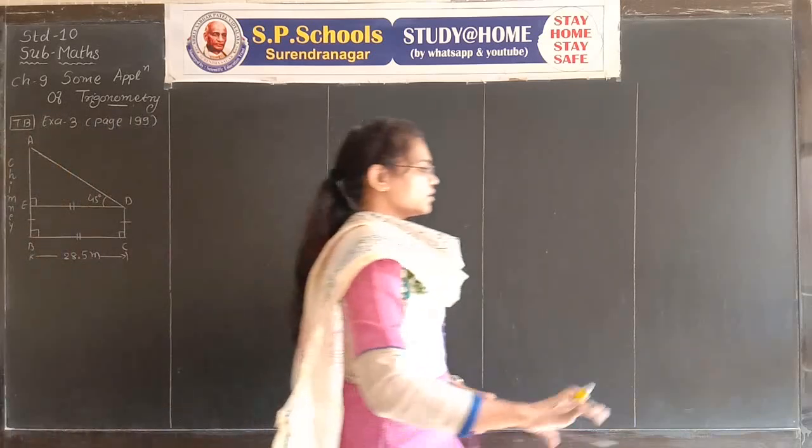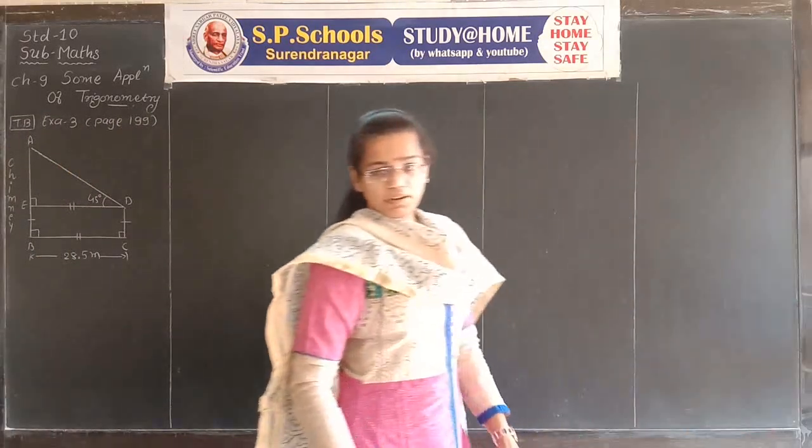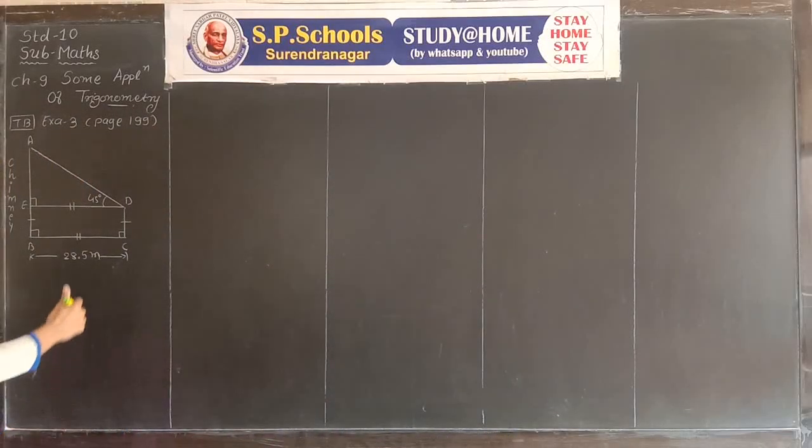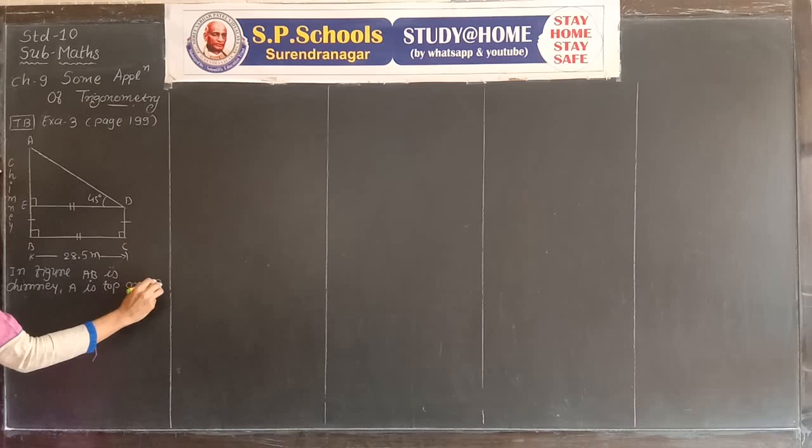First of all, write the description of the figure. We require to find the height of chimney. What is the height of chimney? We need to find it. In figure, AB is chimney, A is top and B is bottom of chimney.